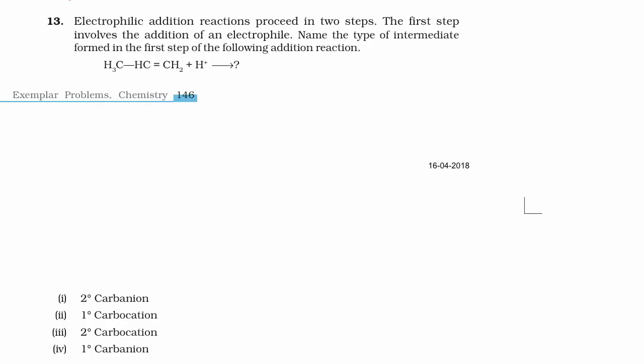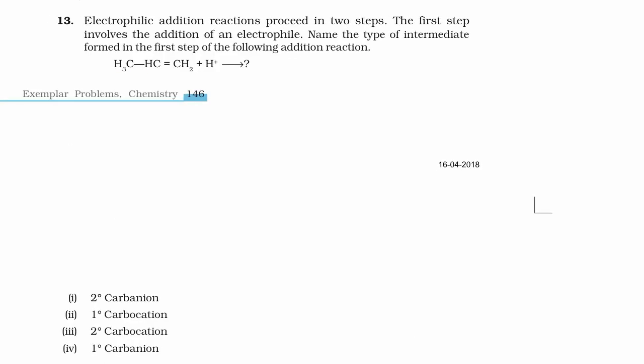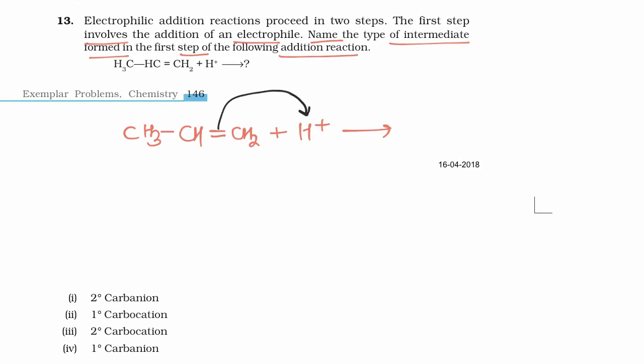Electrophilic addition reactions proceed in two steps. The first step involves the addition of the electrophile. Name the type of intermediate formed in the first step of the following addition reaction. So in this reaction we have propene, and when the propene molecule reacts with H positive ion, propene will act as the nucleophile and hydrogen will act as the electrophile.